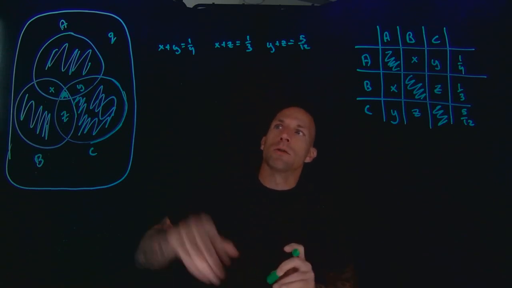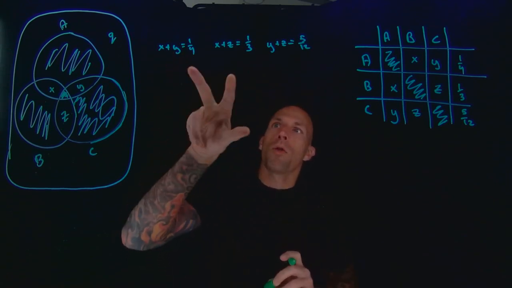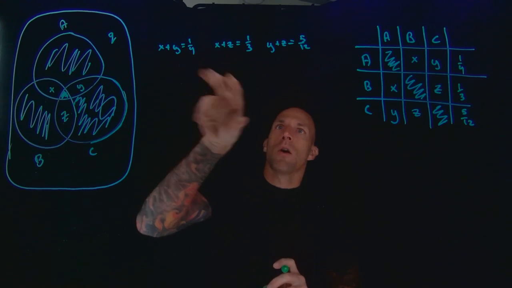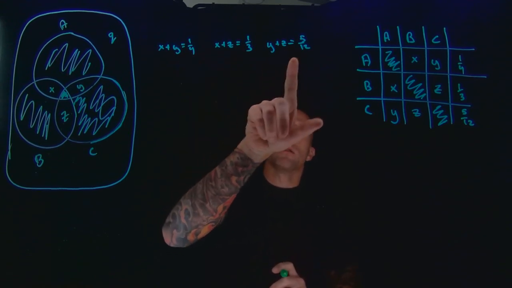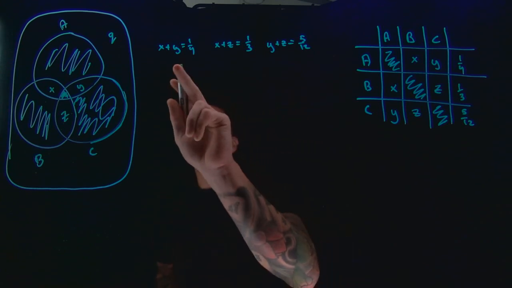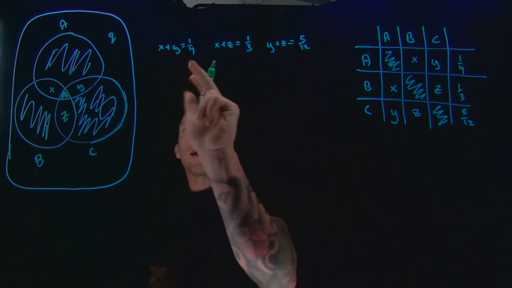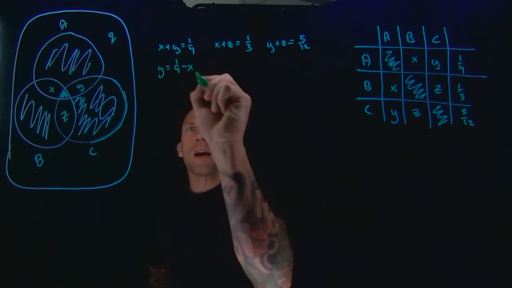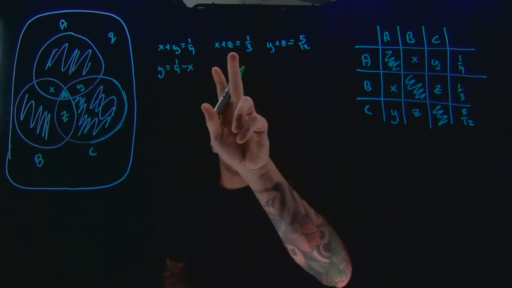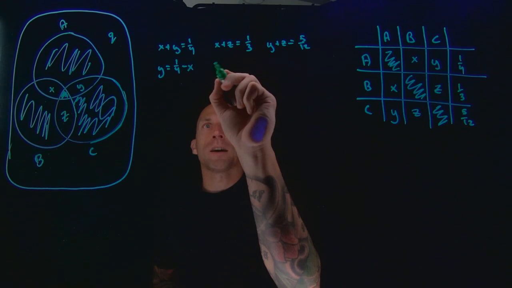What I'm going to do is solve these 2 equations for Y and for Z, and then substitute into this 3rd equation here. So subtract X from both sides. Y is 1/4 minus X. Solving for Z here, subtract X from both sides.